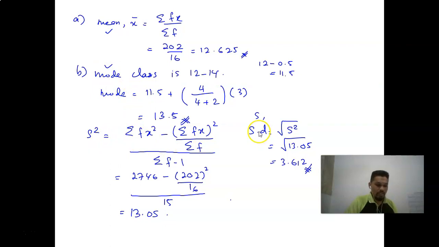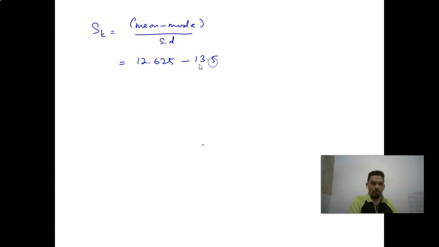So the formula is mean minus mode divided by standard deviation. The mean here is 12.625 minus mode 13.5 divided by 3.612, equal to negative 0.242.